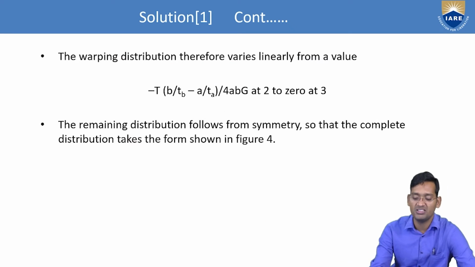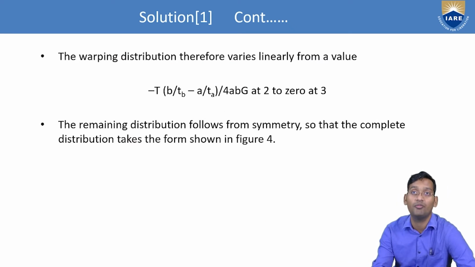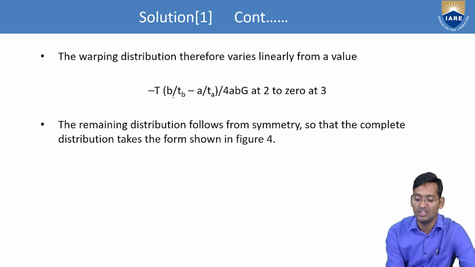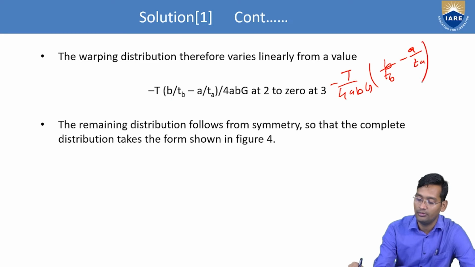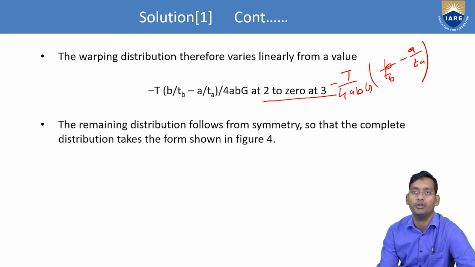The warping distribution therefore varies linearly from a value of minus T by 4ABG into B by TB minus A by TA, from here to here, at 2 to 0 at 3.